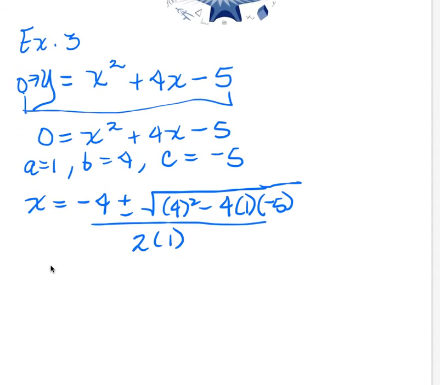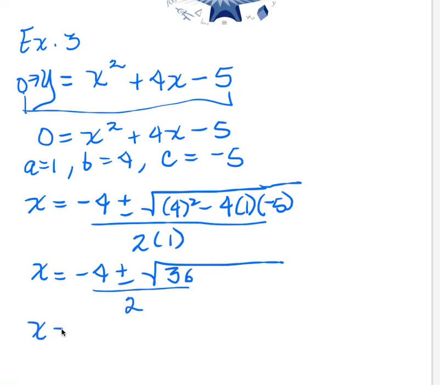Okay, and so now I get x equals negative 4 plus or minus, that's going to be 16, right, plus 20. So that's 36. Okay, 16 plus 20, 36, all over 2.